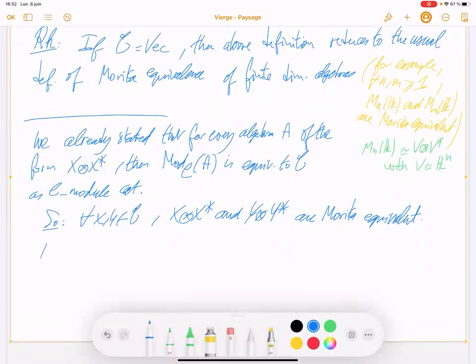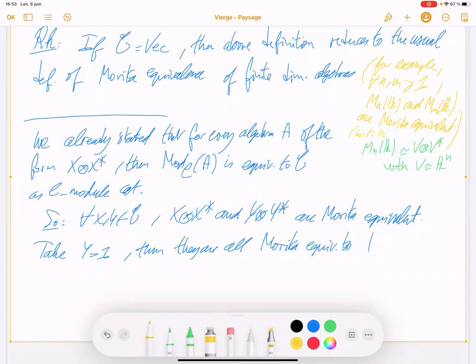And then take Y equal 1, then they are all Morita equivalent to the unit.